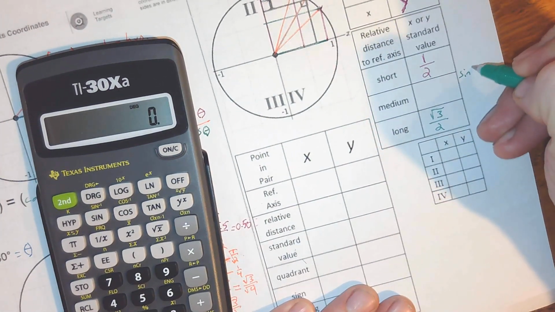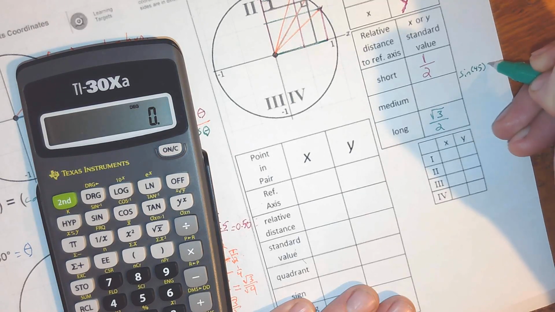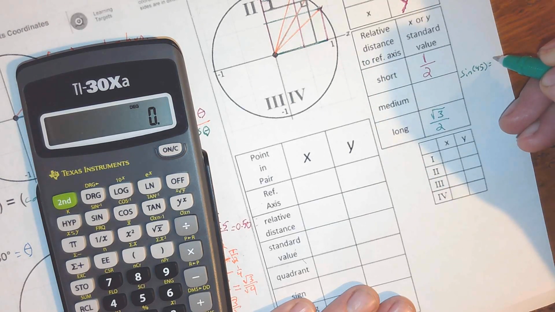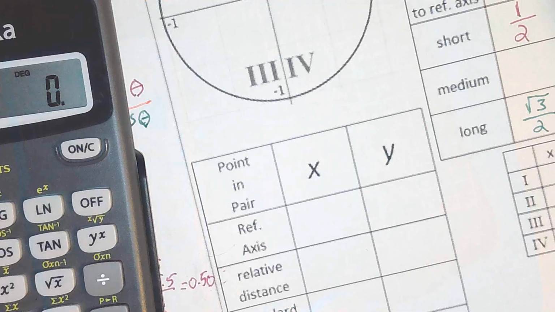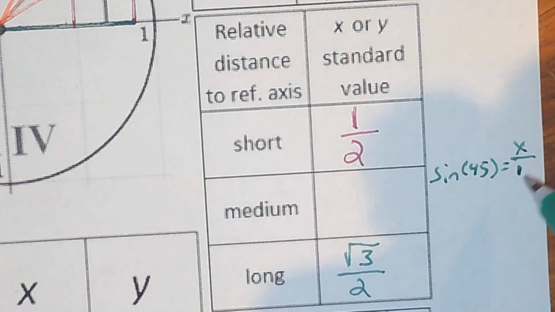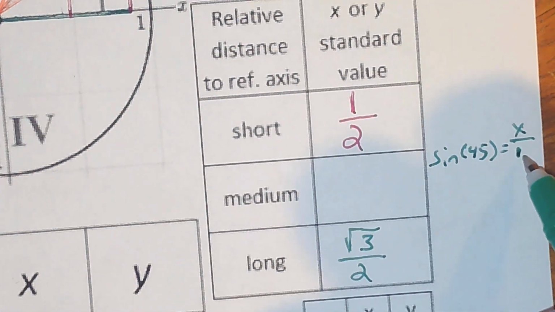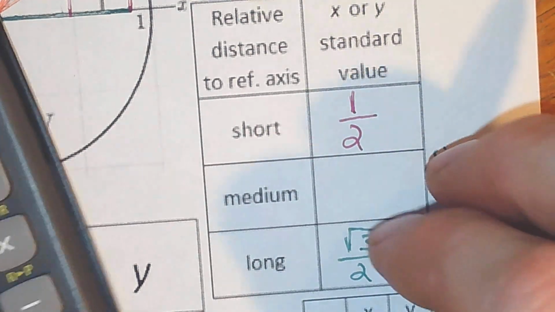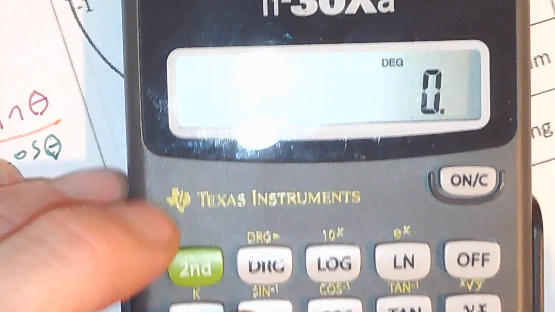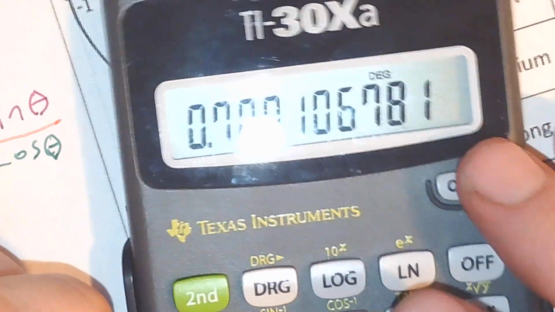Sine of 45 equals opposite over hypotenuse. We know the hypotenuse is 1, and we're trying to figure out x. Okay, zoom in a little bit. So we're trying to solve for x. Now it's just the sine of 45. You'll notice that here the sine of 45 equals that.